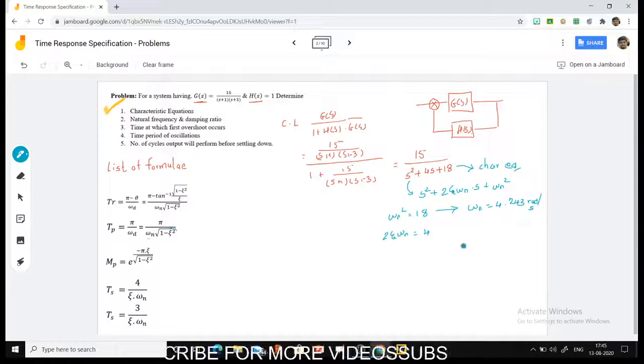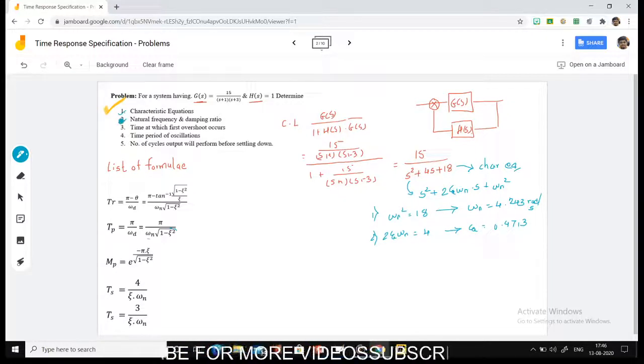Don't forget to write units. After substituting that omega n in the second equation, this is the first equation, this is the second equation, you will get the value of zeta. So that zeta will be 0.4713. There is no unit for zeta, it's a ratio. So the characteristic equation is done. Natural frequency and damping ratio is also done.